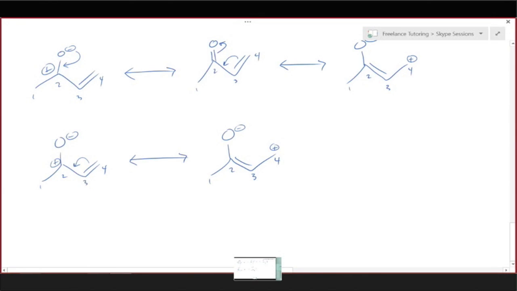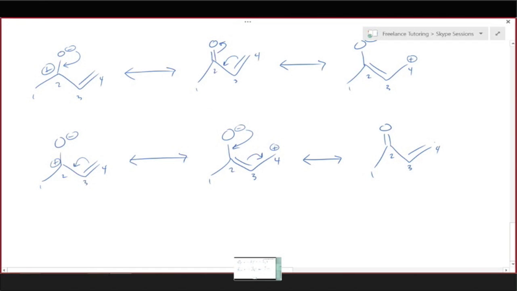Notice that matches your third resonance structure from up above. Now, how can we get another resonance structure this way? Try to draw some new electron-pushing arrows in this picture. That will give us a third resonance structure. And that matches the picture that you drew as your second picture up above.